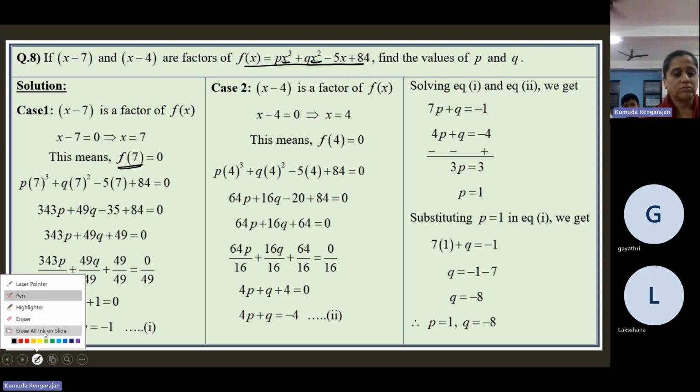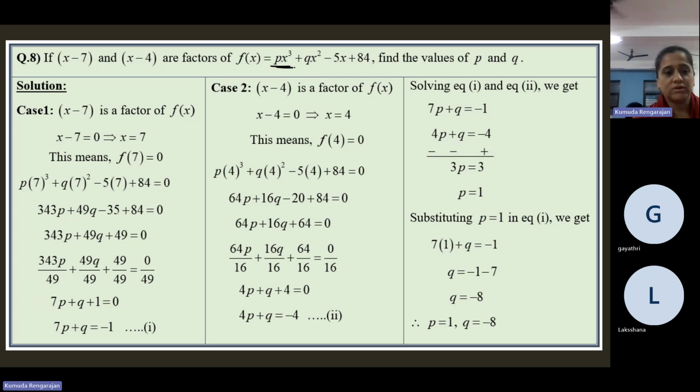All right. So px cubed. So p into what is x? 7. So 7 cubed plus qx squared. So plus q into 7 squared, minus 5 into 7, plus 84 is equal to 0.